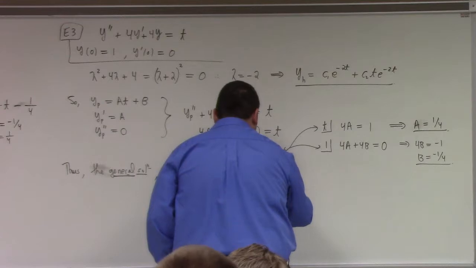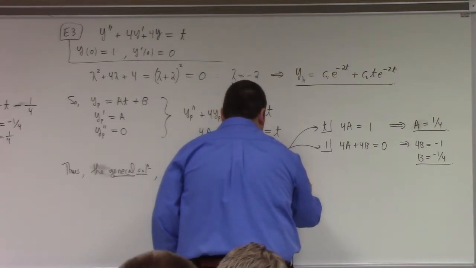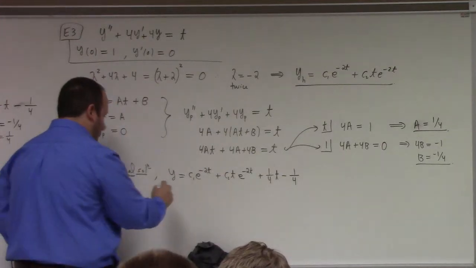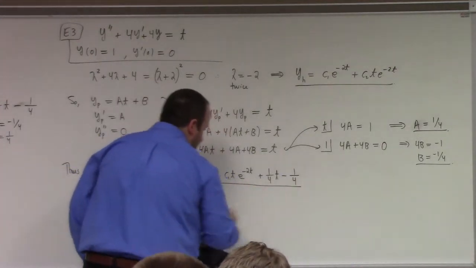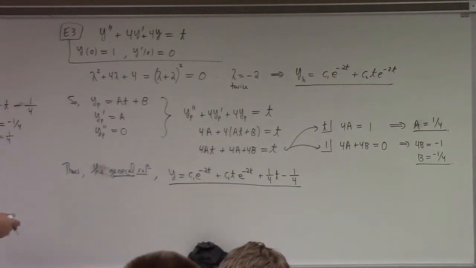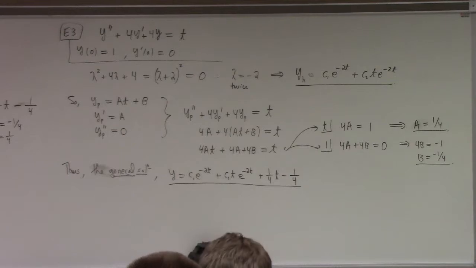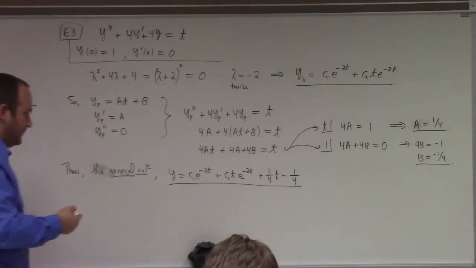It's a combination effort here. So this is the general solution right here. And oftentimes in the past, that's been the end of the solution for us because we were not given initial data. Since we have initial data, we can fit and solve for C1 and C2 to accommodate those initial conditions.